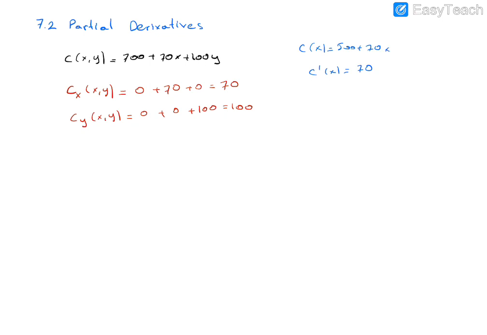So in general, if we have a function z equals f of x, y, the partial derivative of f with respect to x is sometimes denoted by partial z partial x.